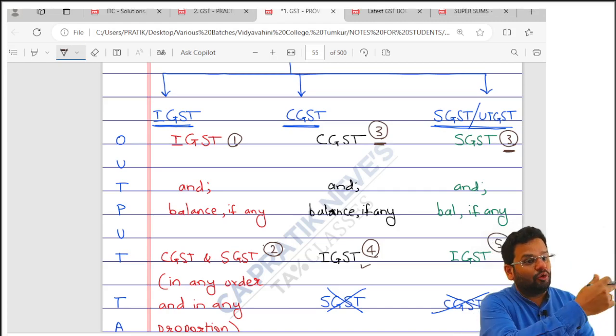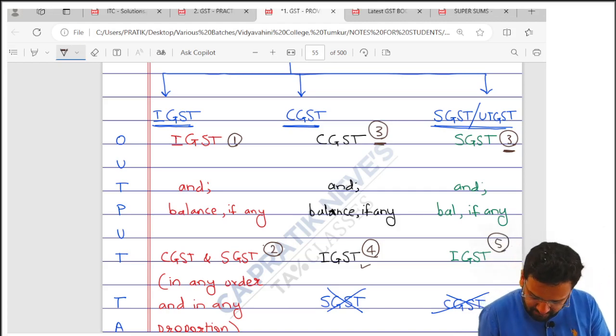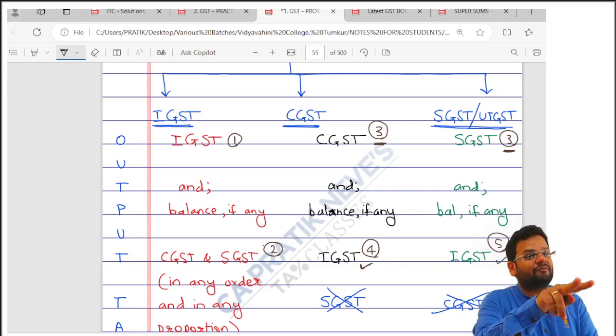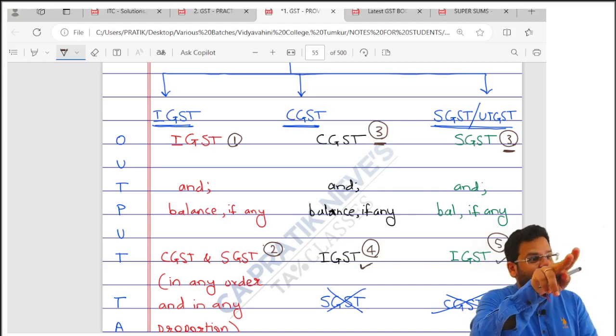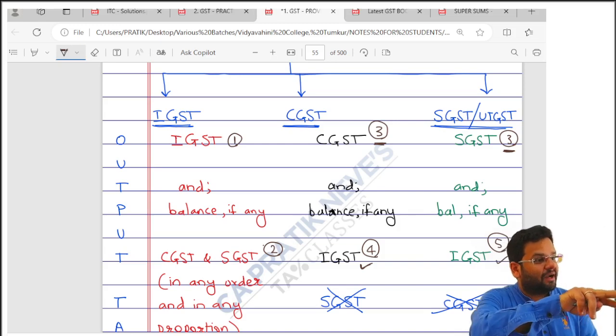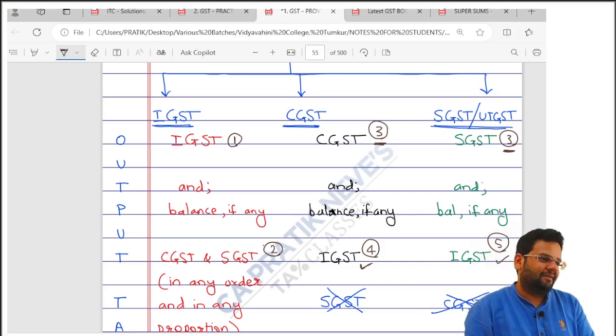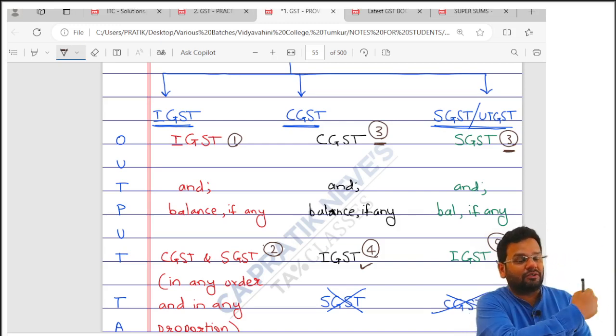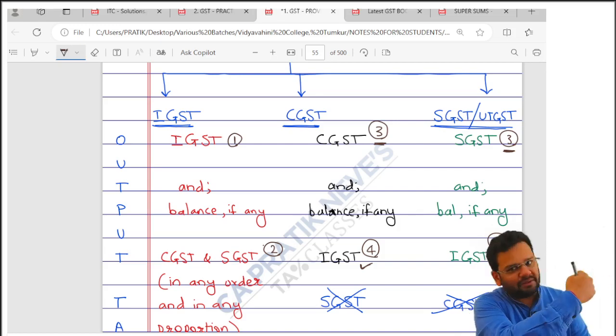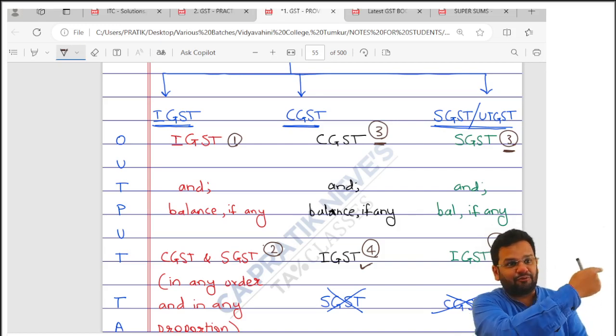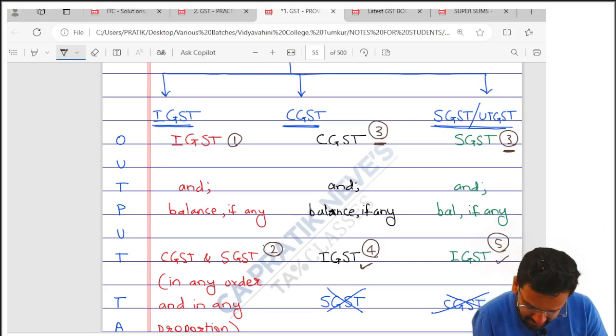But 4 is given here and 5 is given here. Means if you have balance in both C and S and you have IGST payable, then out of the two, which will you use first? C. That's why number 4 is given here and 5th is given here.